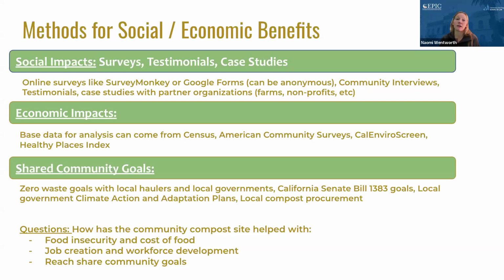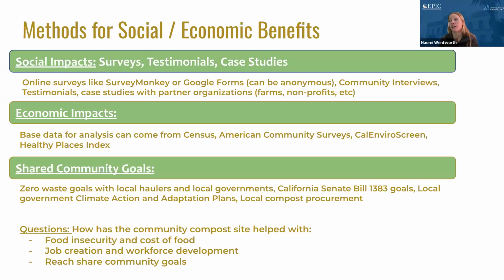Does your local government have a climate action plan or a climate adaptation plan, which is going to list their zero waste goal and likely list a goal on working with community, small businesses and nonprofits to make sure that there's equitable food access and we're hitting our zero waste goals.